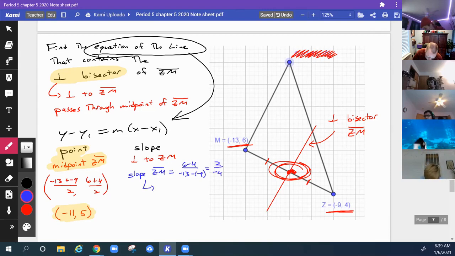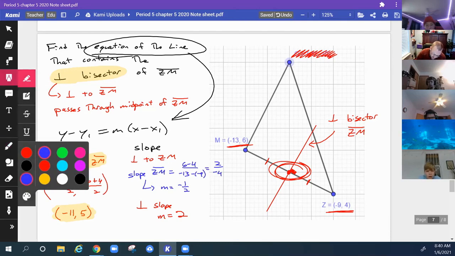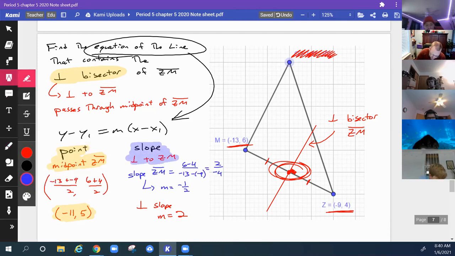So the slope of ZM is negative 1/2. That makes the perpendicular slope 2. So it's really paying attention to everything you need. I want the perpendicular slope, so it's going to be 2. And now I've got everything. Write it out and be done.